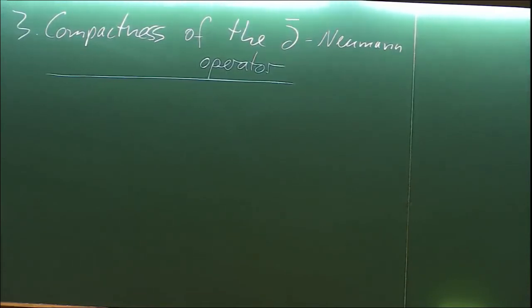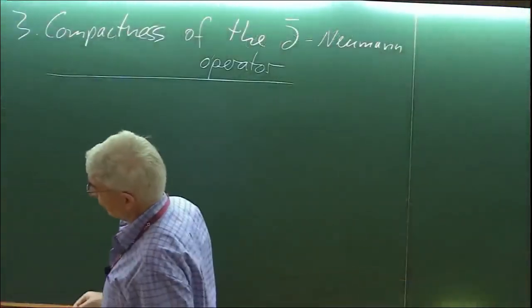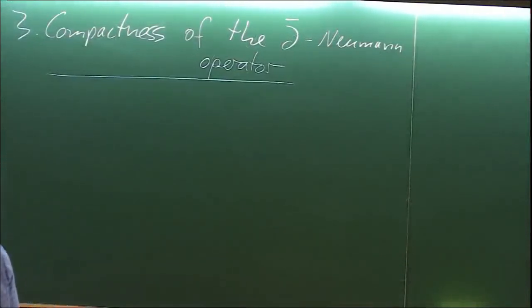When the domain is convex in the Euclidean sense, which is stronger than pseudoconvexity, then you have this property with, in fact, exact preservation of the Sobolev spaces. This is a result that goes back to the 90s, I suppose, to Harold Boas and myself. All right, so now compactness.